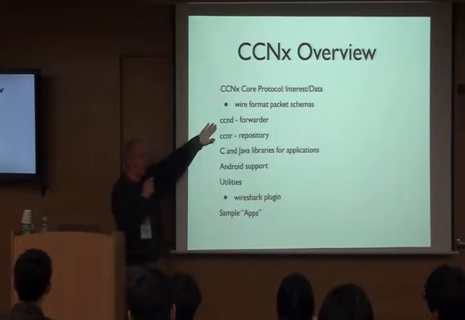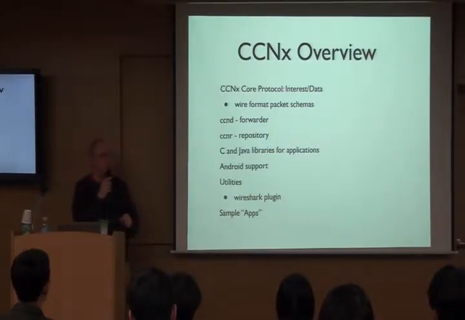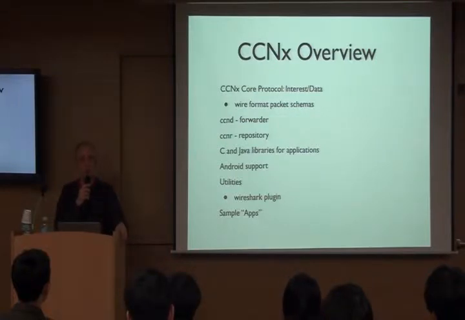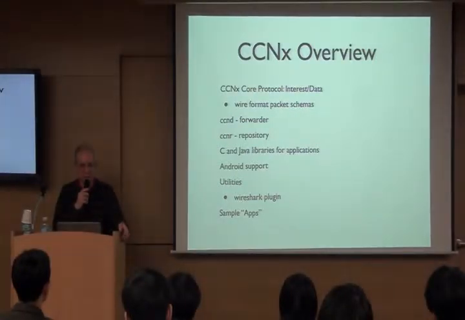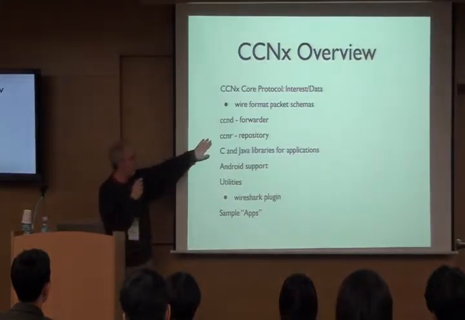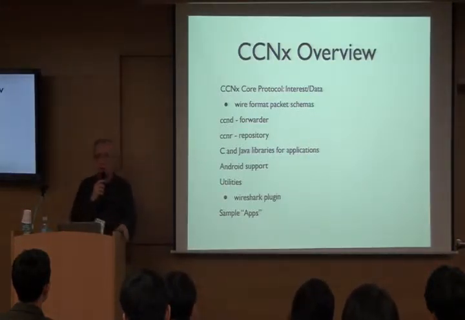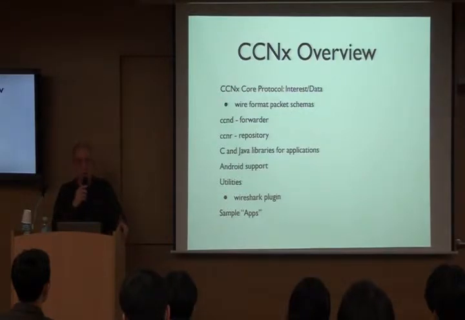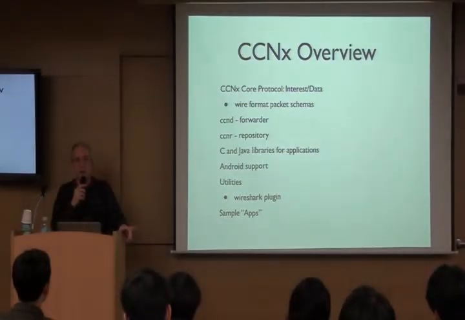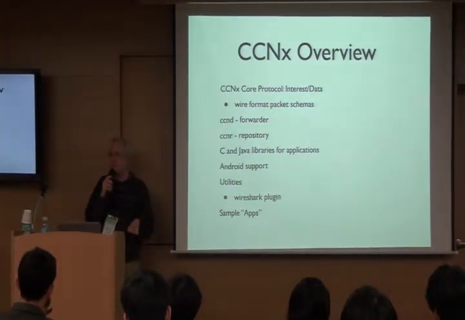We find this thing called CCND, the CCN daemon, and it is basically the forwarder for NDN and CCN packets. Relatively new thing is the repository called CCNR, and that is a component that provides access to named packets of data that are stored for a long period of time.